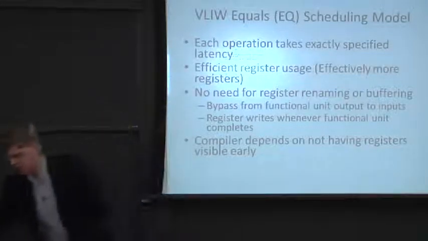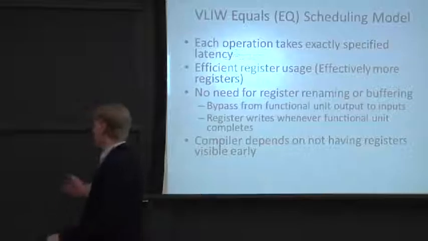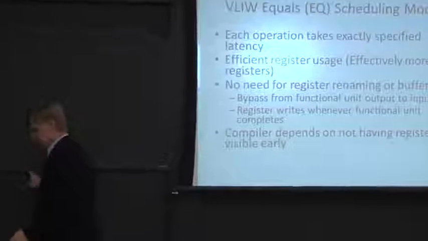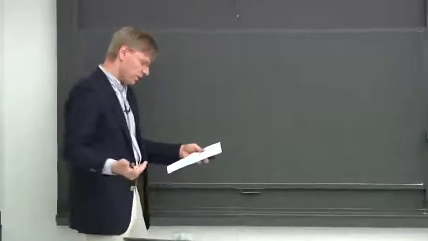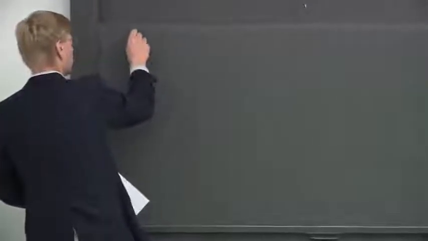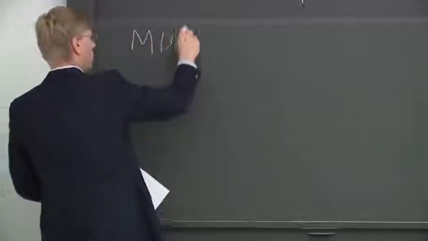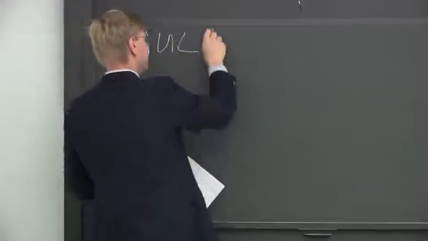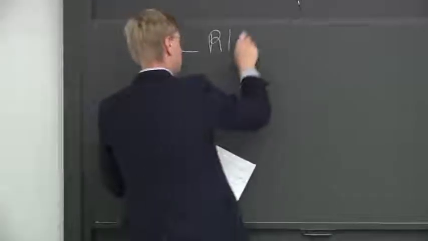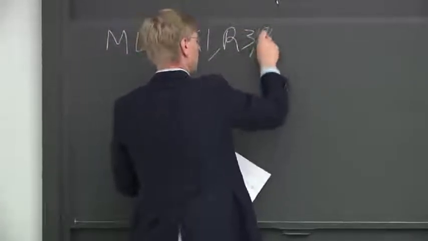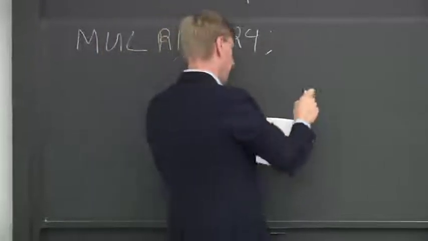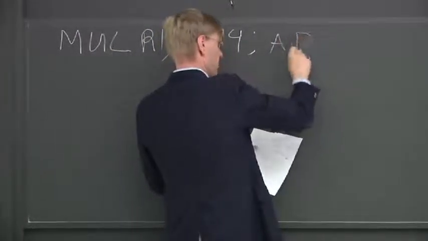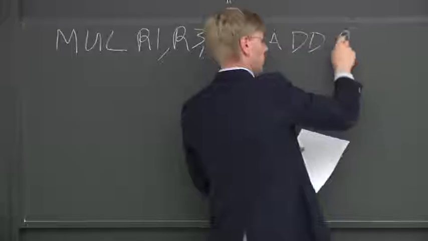So as a quick code example here, we can take a look at a bundle of instructions. Let's say you have something like a multiply, R1, R3, R4, and in the same bundle, or in the same VLIW instruction, we have some other random thing here.